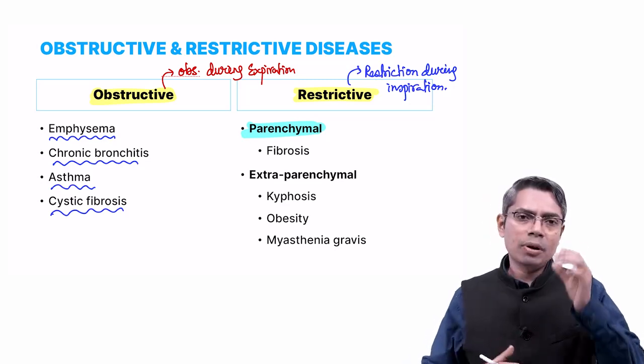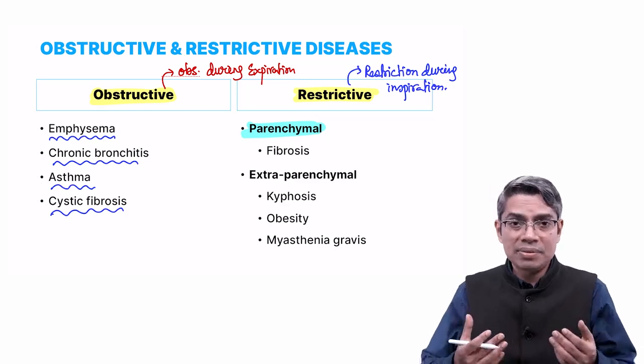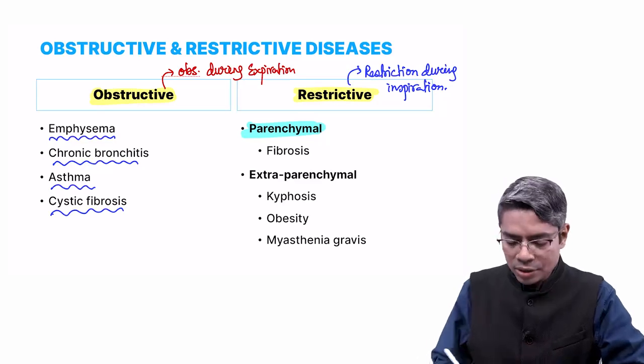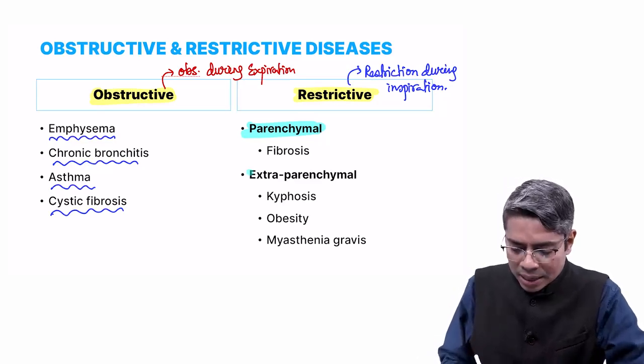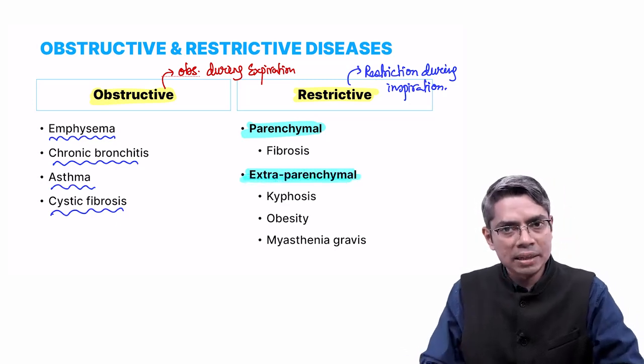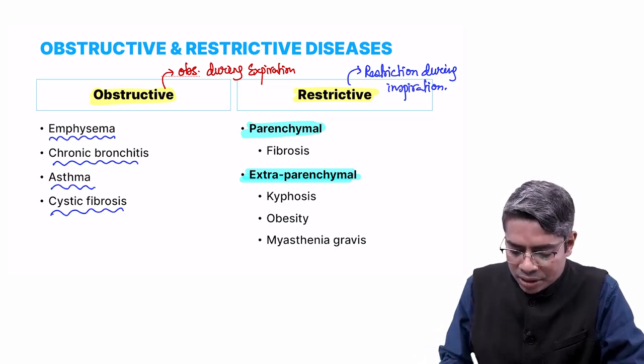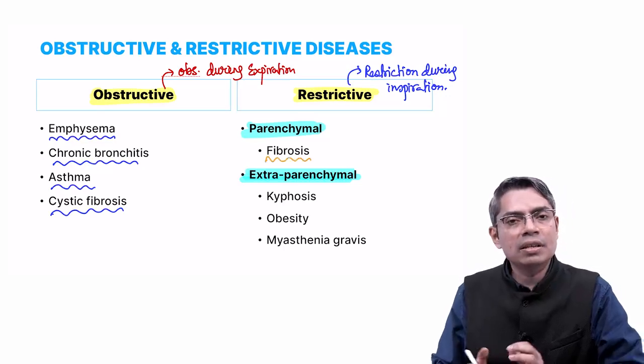And if there is a problem in the lung parenchyma, suppose the parenchyma becomes harder and stiffer, then that is also restriction. So, there is parenchymal restriction and extra-parenchymal restriction; any structure beyond the parenchyma is known as extra-parenchymal. The typical example of parenchymal restriction is lung fibrosis, interstitial lung disease.